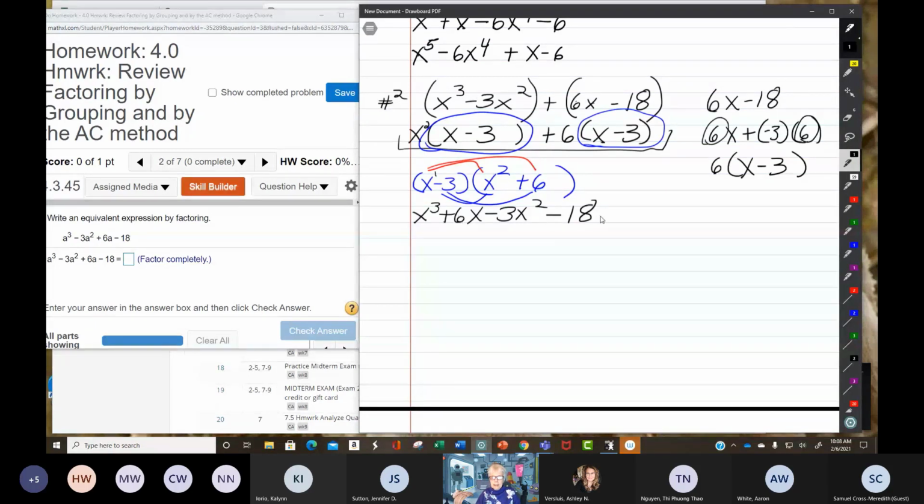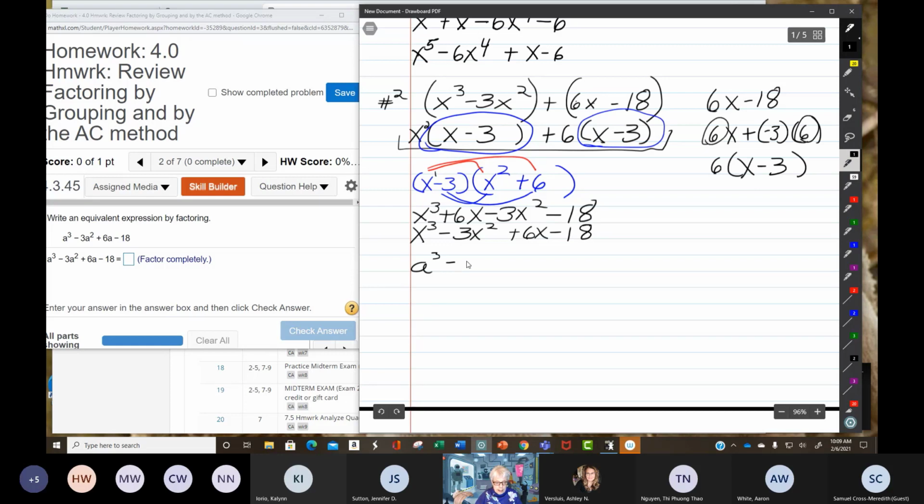And to make this look like my original line, I have to write it in descending order. X to the 3rd minus 3x squared plus 6x minus 18. And so, yes, if I'd written it with A's, that would be what I would have. So don't forget that you have to rewrite it.